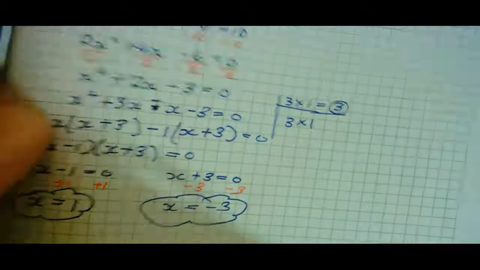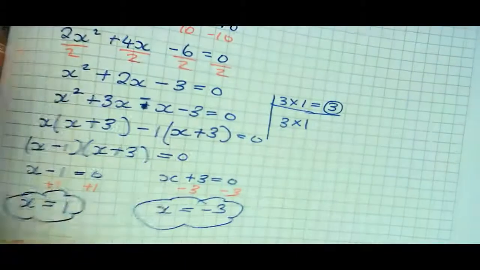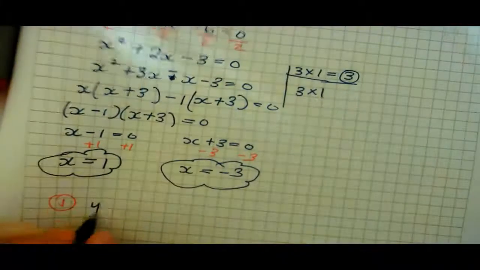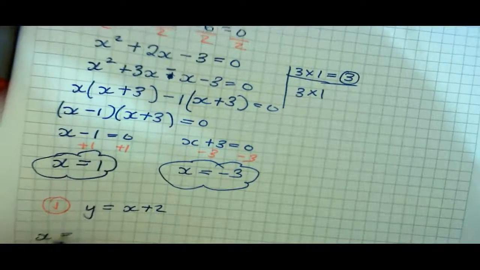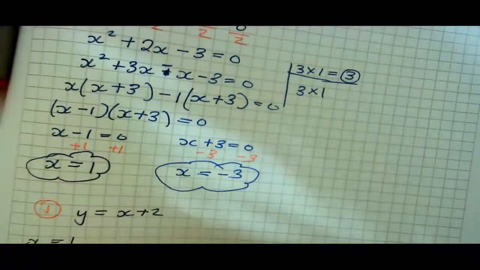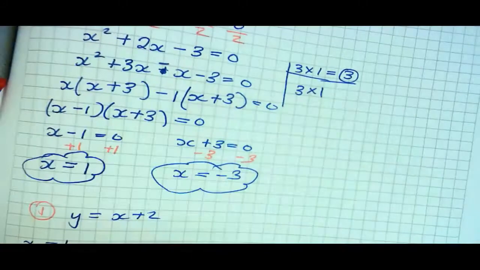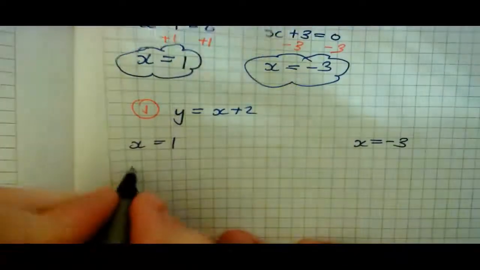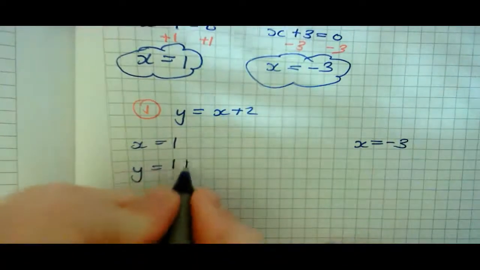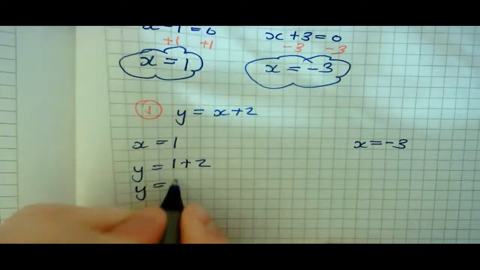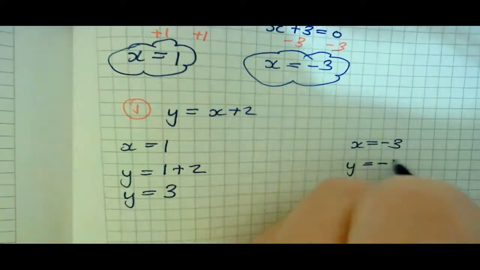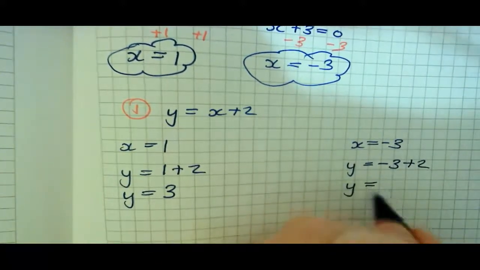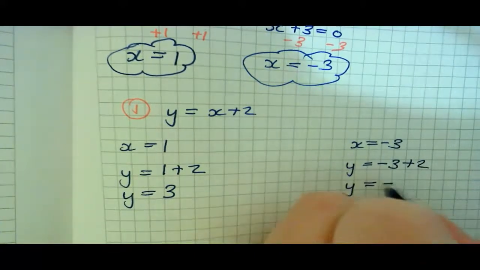So I'm going to use the equation 1 above then. And that's y is equal to x plus 2, and I'm going to let x equal 1 because that's what I found up here, and I'm going to let x equal minus 3 because that's what I found up here. So y then is equal to x, which is 1 plus 2. Y is equal to 1 plus 2 is 3. Y is equal to x, which is minus 3 plus 2. Y is equal to minus 3 plus 2 is minus 1.